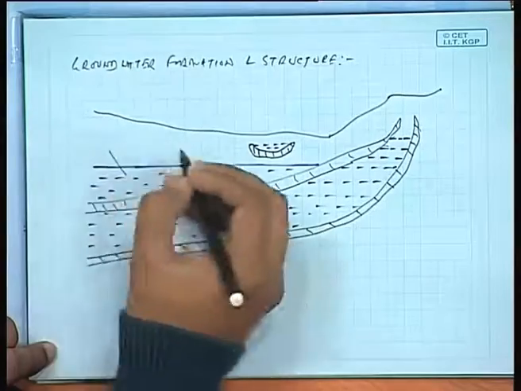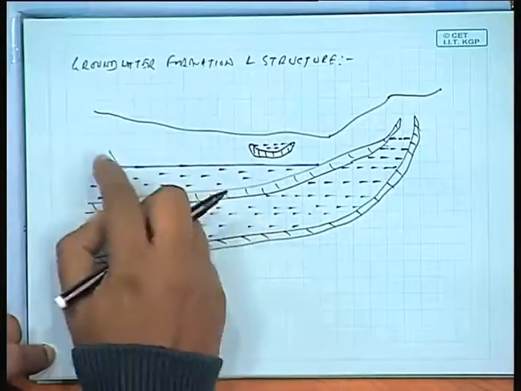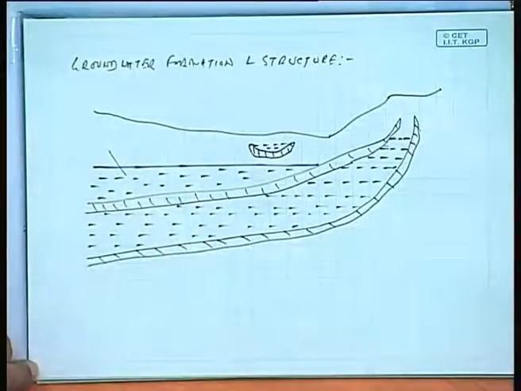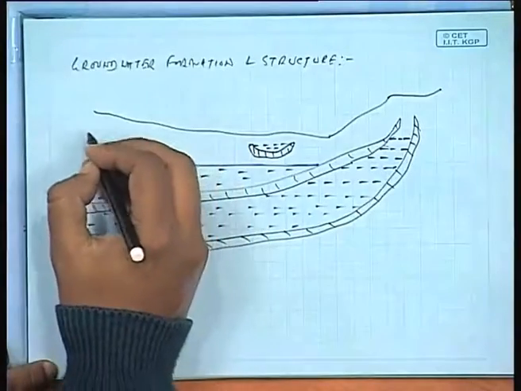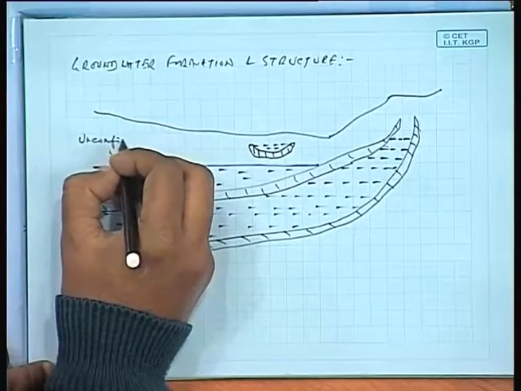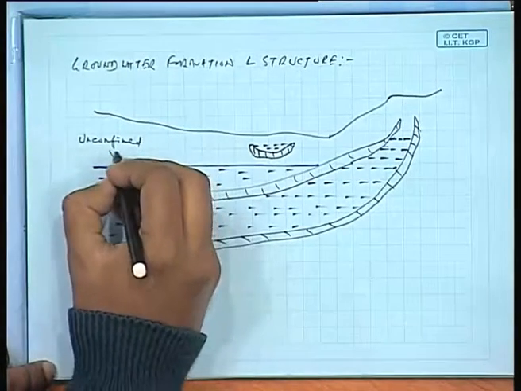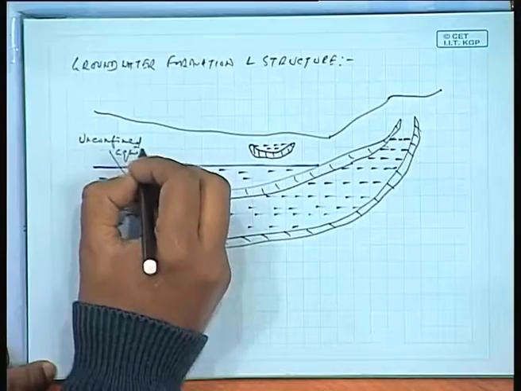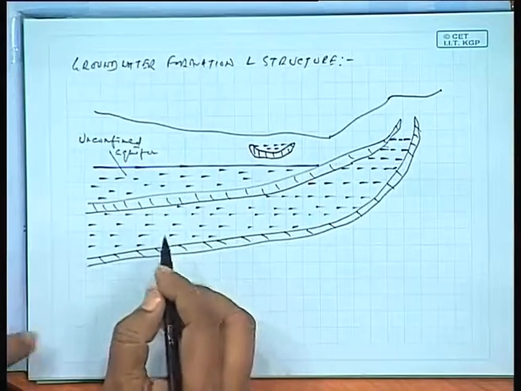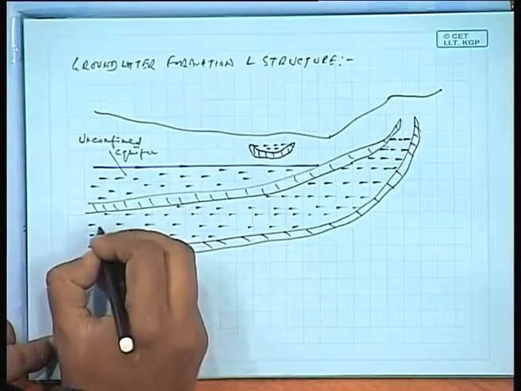There is no confinement; the water can move freely. Wherever the water is connected, it moves freely. So it's called an unconfined aquifer. And this is a confined aquifer.